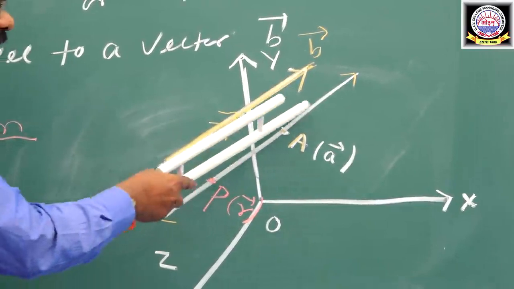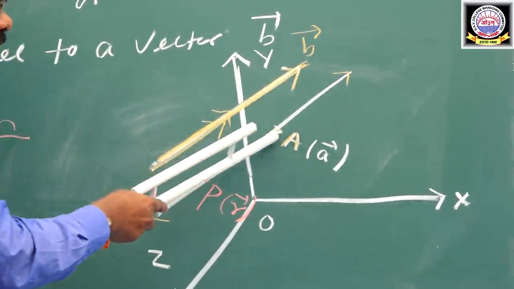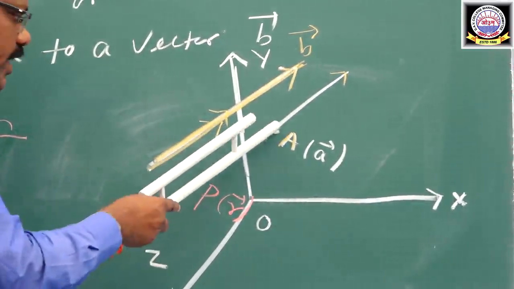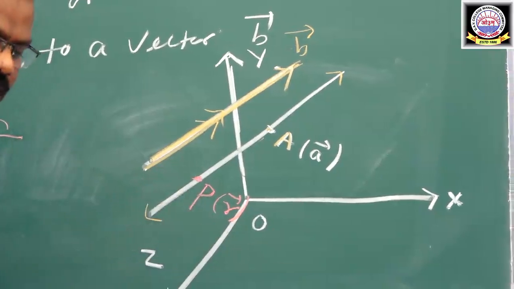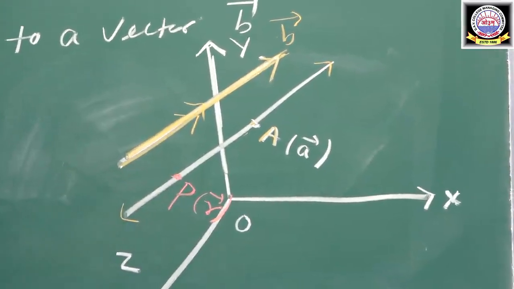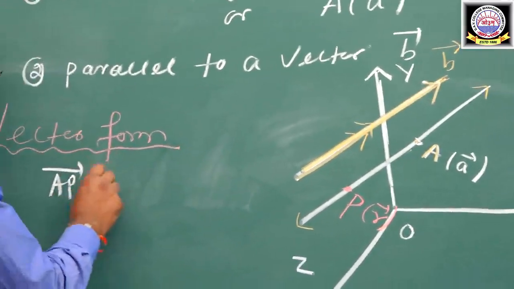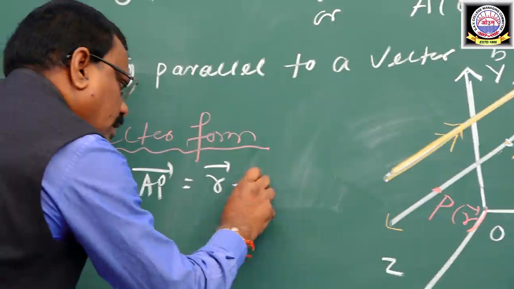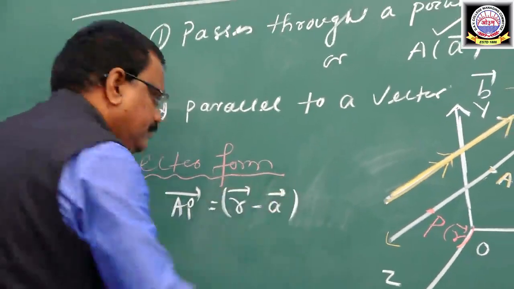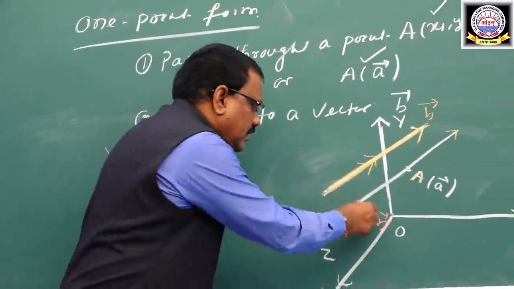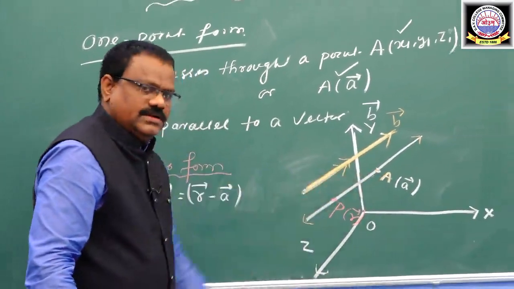You can take the locus point as any point on the line. If you join A with P, you will get a vector. So AP vector will be R vector minus A vector.